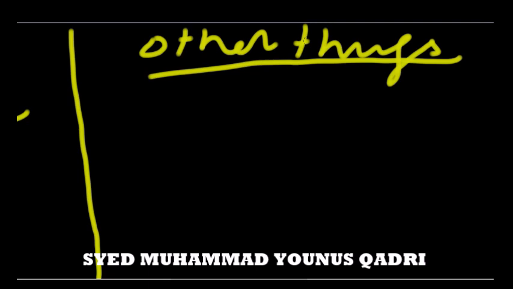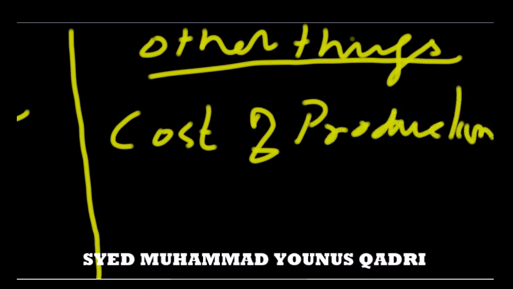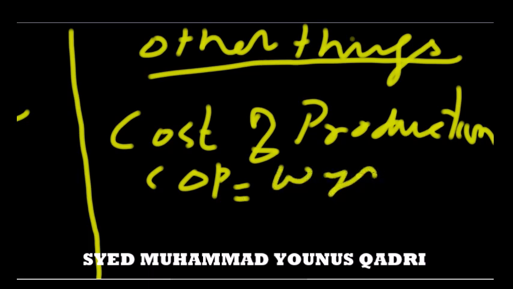Usually for production, the other things are the cost of production, for short COP. Cost of production means everything: wages, interest, rent, taxes, transportation cost, and the other raw material costs.